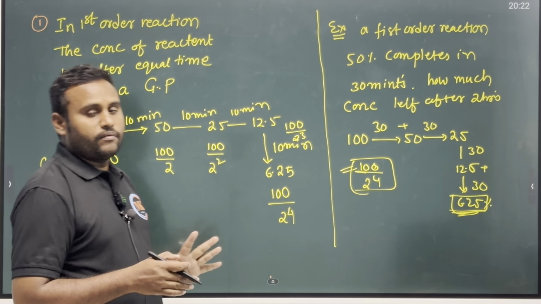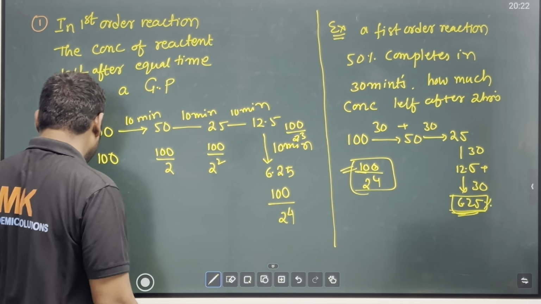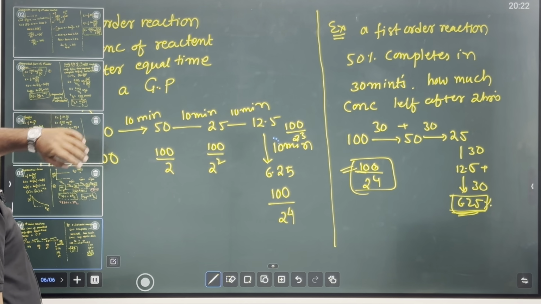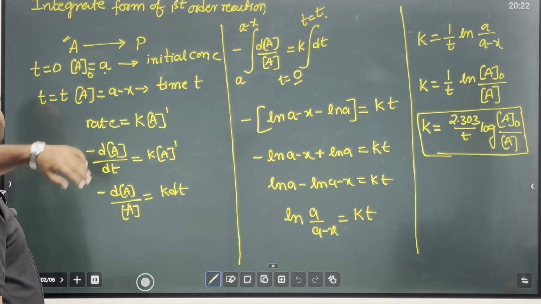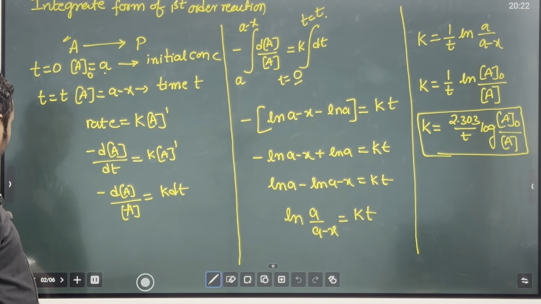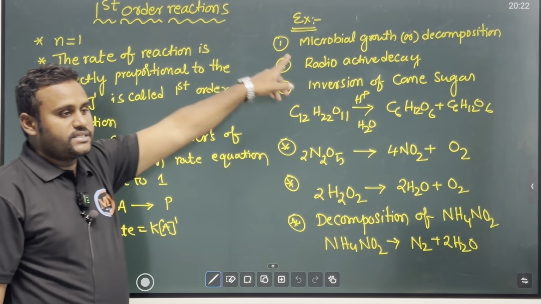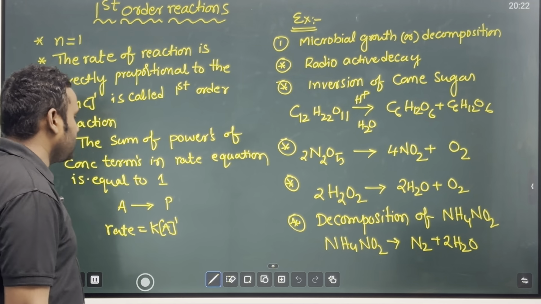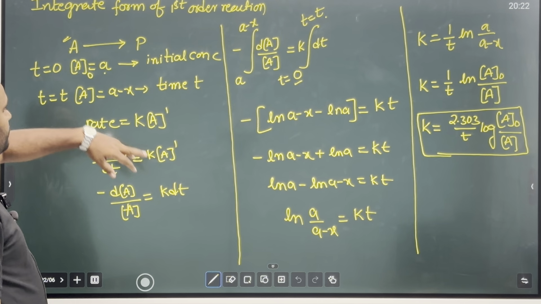Okay. So here what we discussed in this lecture, children, is complete information about the first order reaction. Okay. So here what is the first order reaction? I explained to you. Okay. What is the meaning of first order reaction? Examples of first order reaction. So these are the very important examples of first order reaction. And then after, the integrated form of first order reaction.